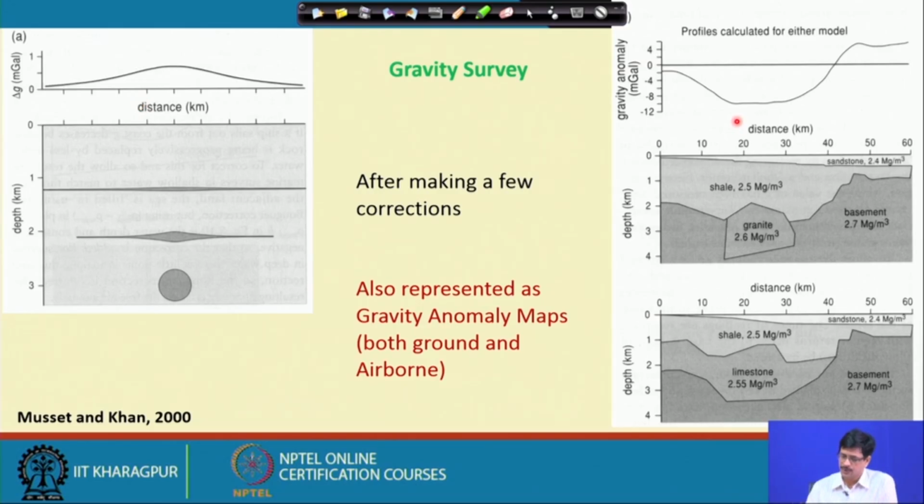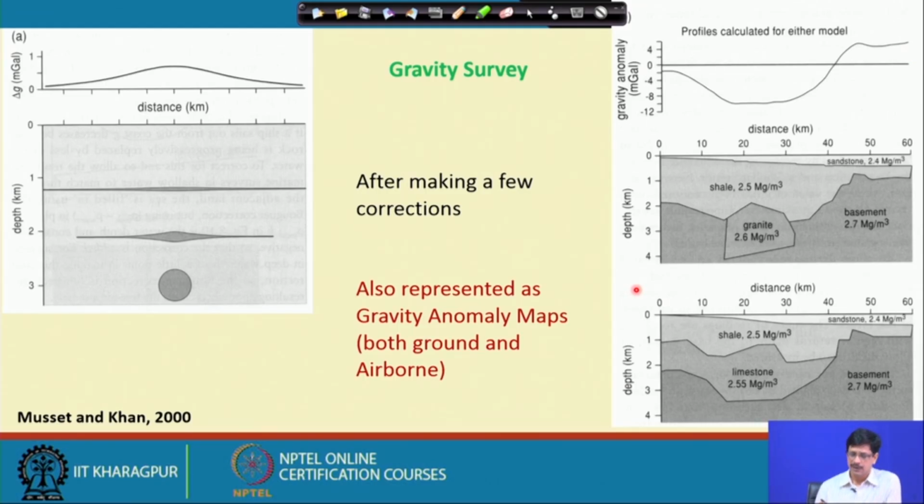This diagram also gives a good idea of the situation where there is a granite of about 2.6 megagram per meter cube, meaning 2600 kilogram per meter cube, and the basement is 2.7 megagram per meter cube, and a shale. So, a body of granite enclosed within shale and basement, or a limestone occurring along with the basement and the same shale, will give exactly the identical kind of gravity signature if we take the gravity measurement, the gravity anomaly.